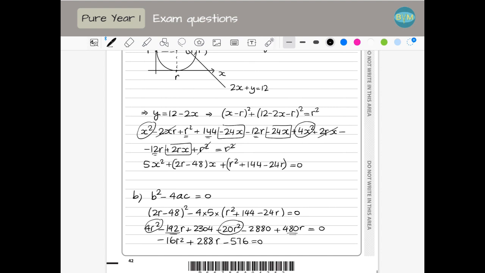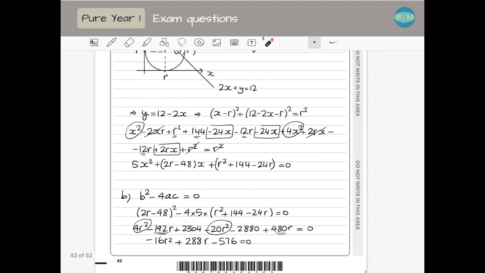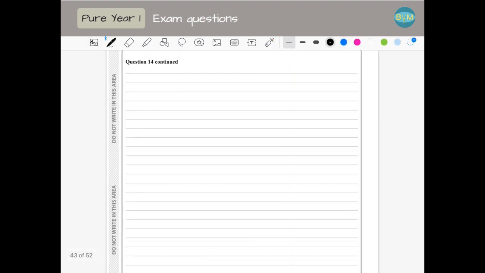And I just solve this quadratic. All the numbers are divisible by 16, so I'm going to divide everything by minus 16. So I will have r squared minus 18r plus 36. It's not easy to factorize, so I will need to use the quadratic formula.